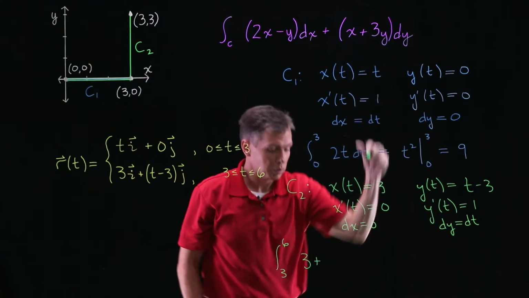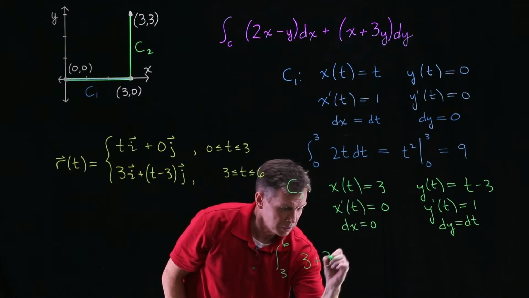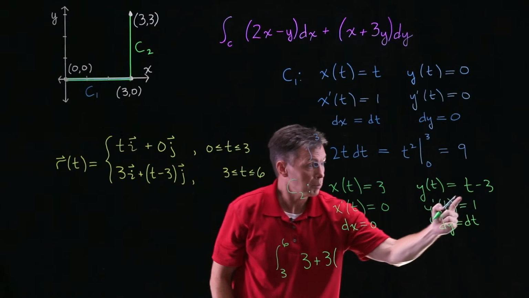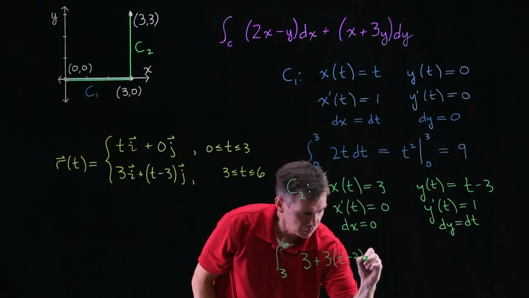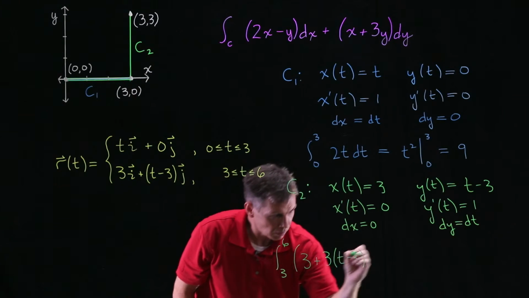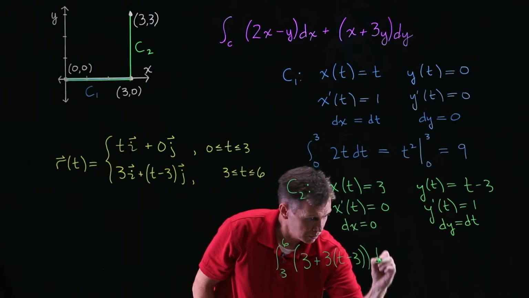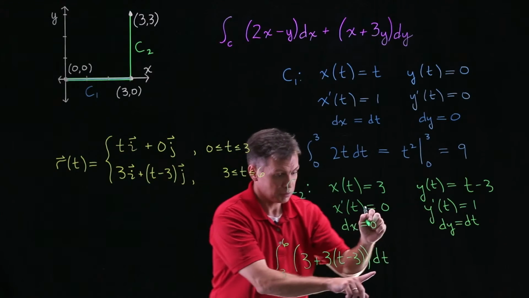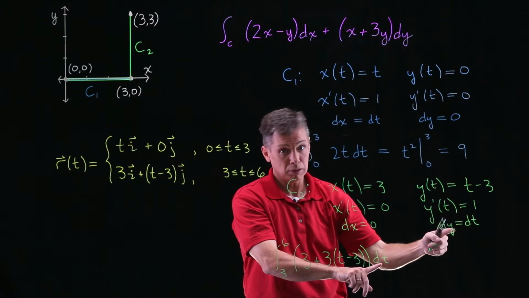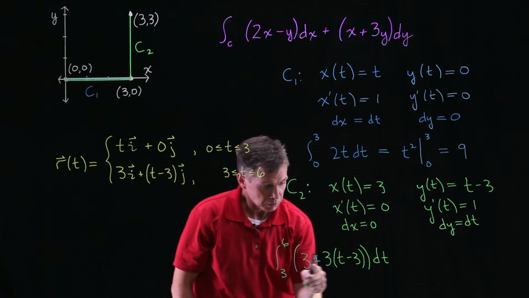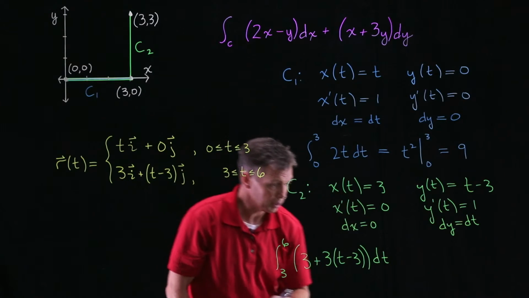And then 3 times whatever y is, so 3 times, and I'm grabbing my y from right there, t minus 3. And that's actually all here together with a dt. Sorry, I should even explain that. dy became dt for us, right? Okay, so now this integral is all in terms of t. It's ready to go, I think.